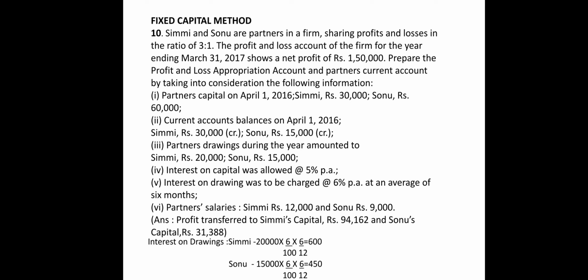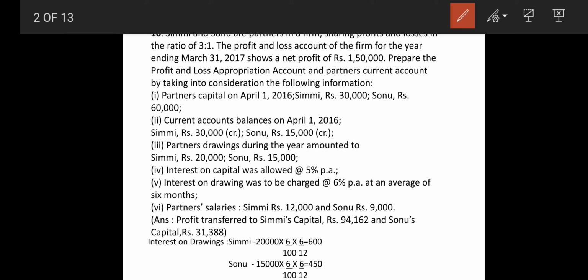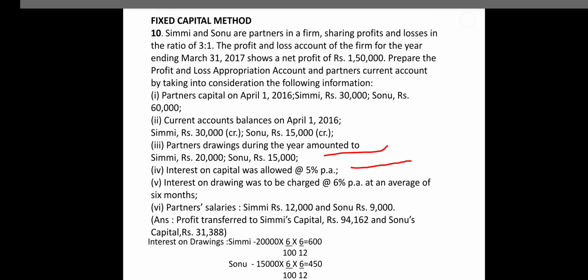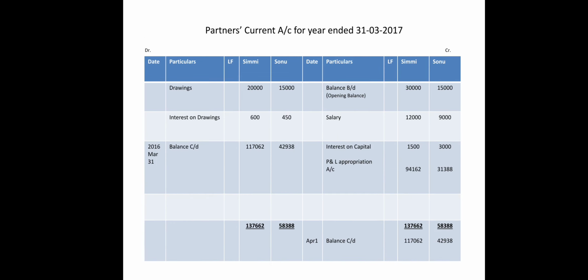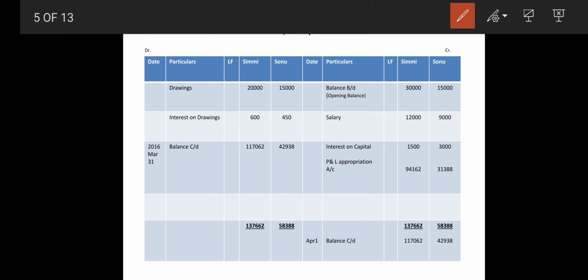Partners drawings for the year are 20,000 and 15,000 respectively. So here drawings are to be transferred to the debit side of the current account, and besides that, it is mentioned that there is interest on capital allowed at 5%. So these two entries we are going to transfer first. Drawings will be transferred to the partners current account debit side: Simi 20,000 and Sonu 15,000.